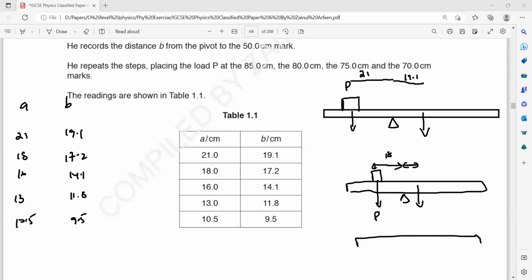Same way, if A is very close, B should also come closer to create the same turning effect, because B should be less than A. We identify that A is lighter because it has a greater distance, and B is heavy as it is further from the pivot.